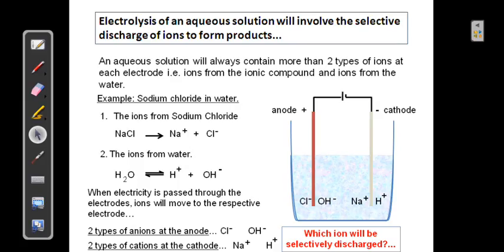So this is where all your skills of predicting will come into place. You must be able to predict which ion will get selectively discharged and which one will remain in the solution.